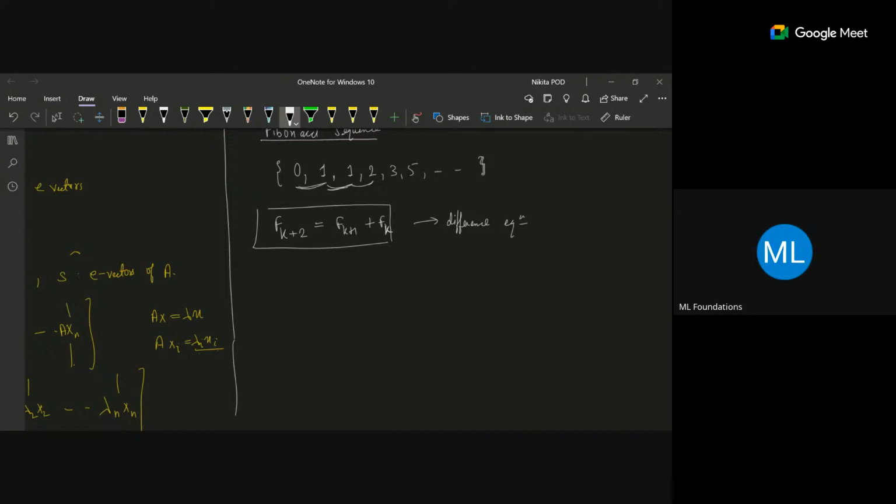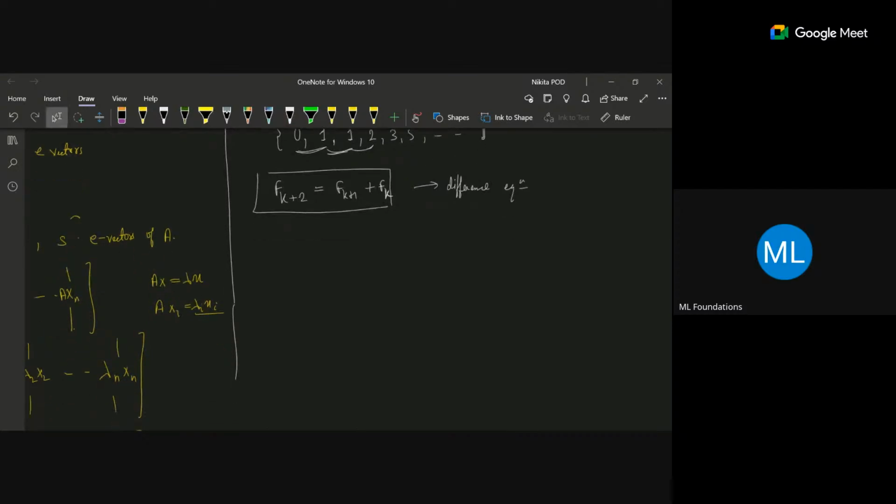Now we are converting it. It's a property that any difference equation or differential equation can be converted to a lower order equation. So if it's second order, we can bring it down to a first order equation. So that is what we are doing. I will not write out the steps of how it is happening.